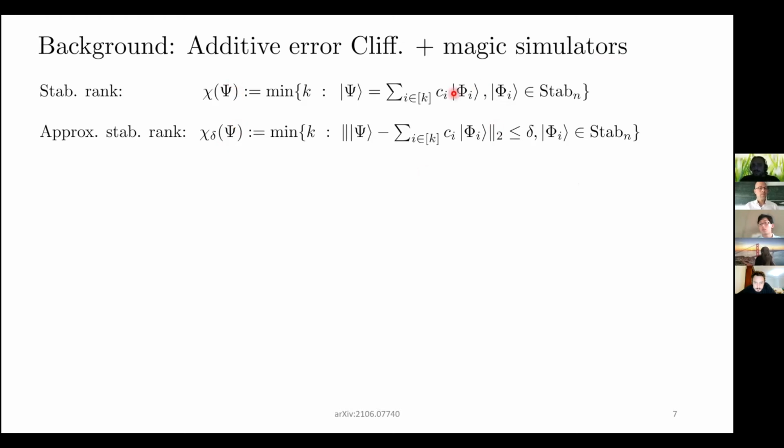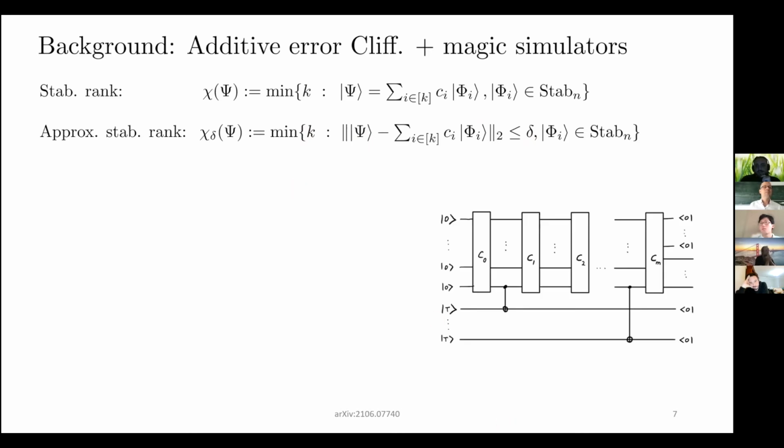Rather than requiring an exact decomposition of the initial state into a linear combination, we require just that the decomposition is close in some norm. It's delta close. So it's the minimum number of terms in the linear combination of stabilizer states that results in something that's delta close to our target state. That's the approximate stabilizer rank.